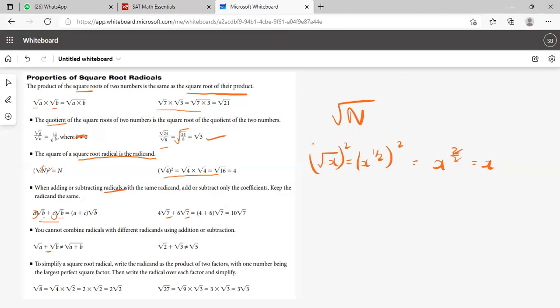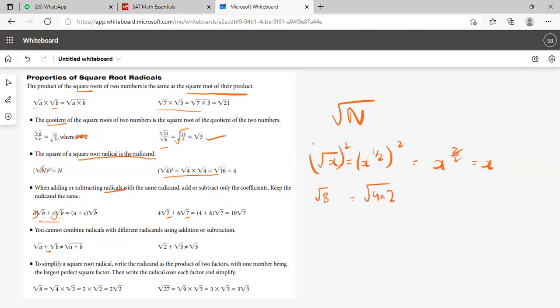we have under root 8 and we have to simplify it. But under root 8 is not a perfect square. We have just discussed that. But if I break down under root 8 into factors, I need to think of a factor that is a perfect square. So I can write 8 like this, 4 into 2.